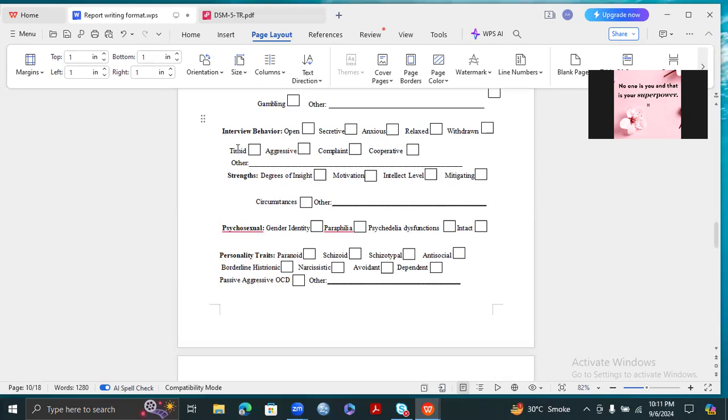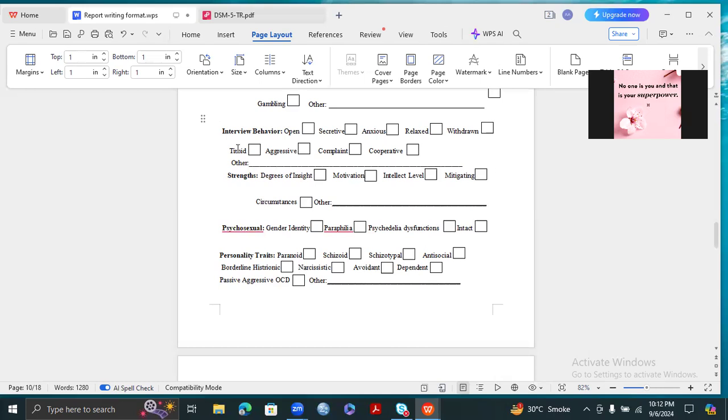All right. Then comes his overall psychosexual orientation towards himself. Right. It's a bit more complicated than any other thing because the patient may have a gender identity different from what he appears to be, or the patient may be paraphilic, right?